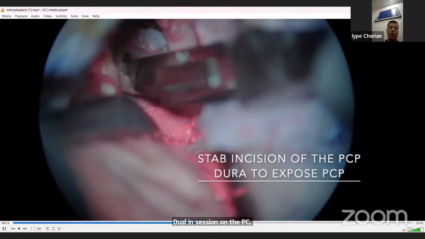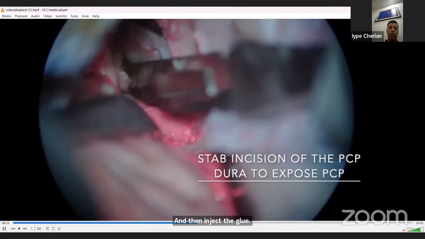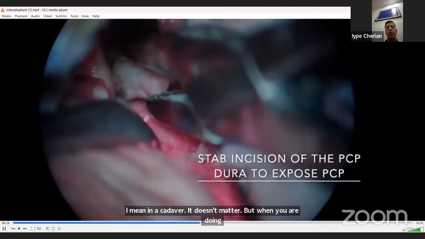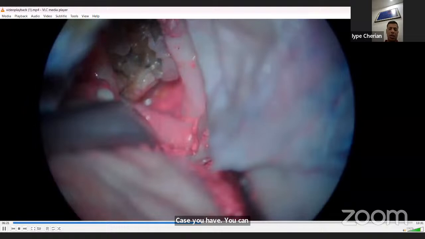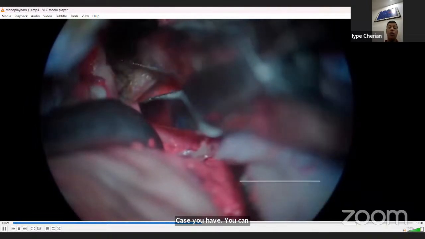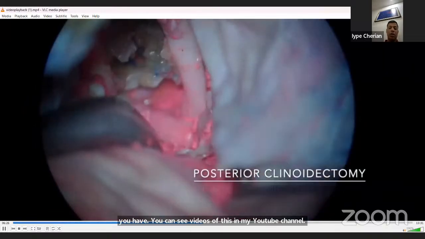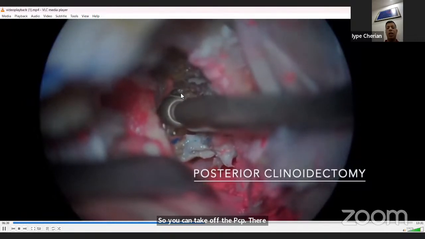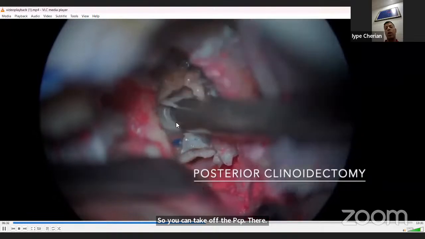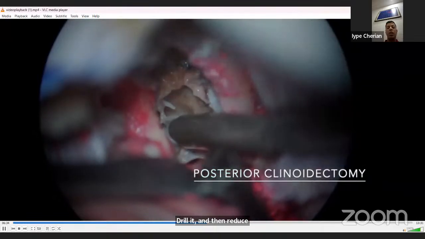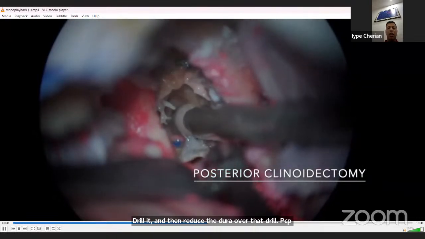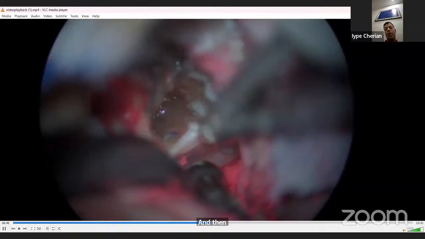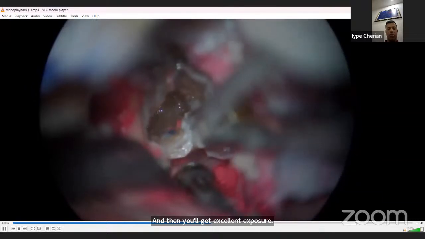In a cadaver, it doesn't matter, but when you are doing a case, you can see videos of this in my YouTube channel of how to do it during a case. So you can take off the PCP there, drill it, and then reduce the dura over that drilled PCP. And then you will get excellent exposure of the posterior fossa.